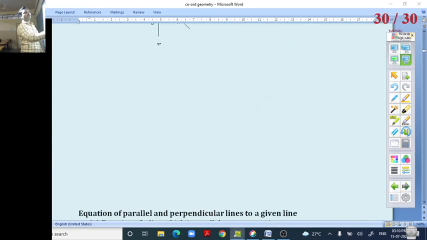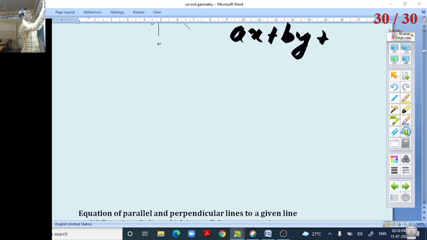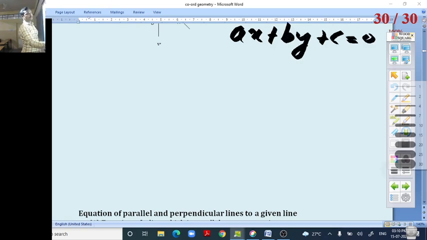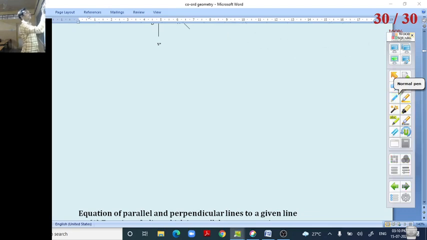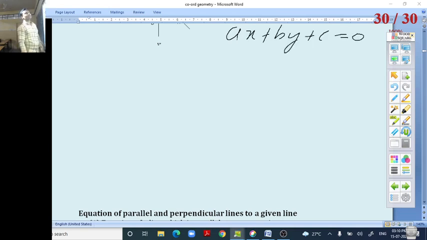So because you can understand more with the pictures, suppose, always remember that, if ax plus by plus c equals 0 is any line, then a line parallel to this, suppose the line is like this.